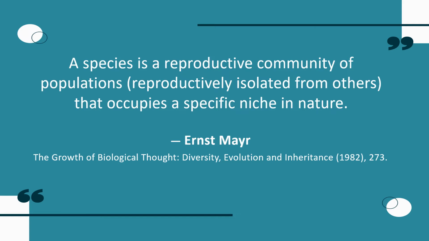He mentioned that a species is reproductively isolated from each other. This means that reproduction is such an important event that not only helps in perpetuation of species but also helps a community of population to be known as species.